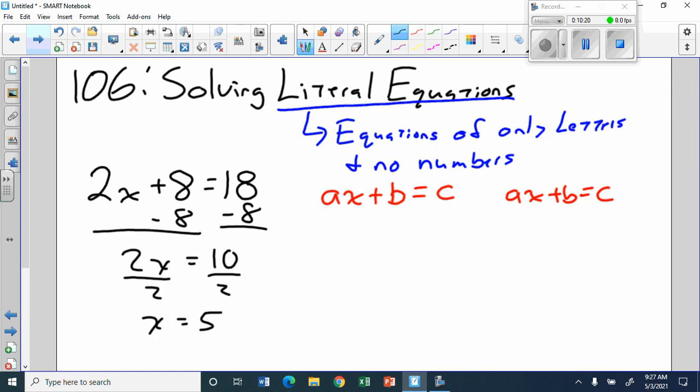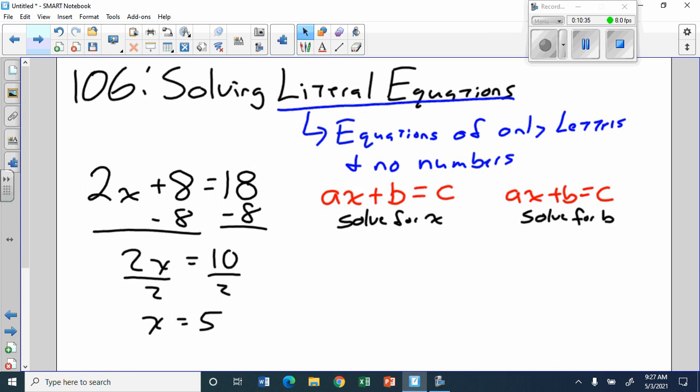When we do literal equations, they're going to tell us which letter to solve for. So like here, they might say solve for x, or they might say solve for b. We follow the exact same rules. The only difference is there's only letters and no numbers.